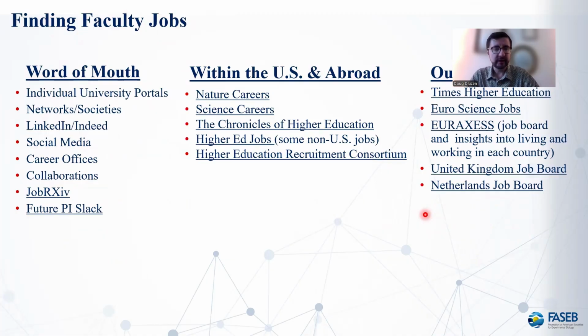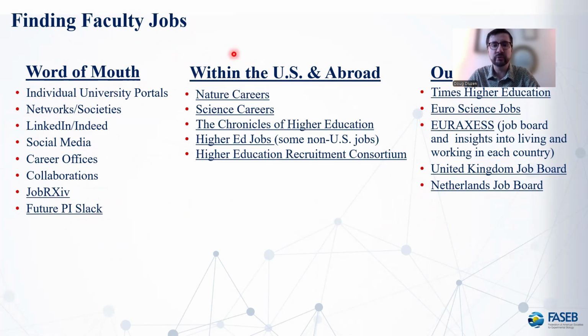Once you're in the job market, workshop 2 is going to be talking about putting together competitive application materials. There are a lot of different ways that you can find jobs and faculty applications: certainly in individual universities, using your networks and societies and their job boards, social media, the job archive, and Future PI Slack have postings.